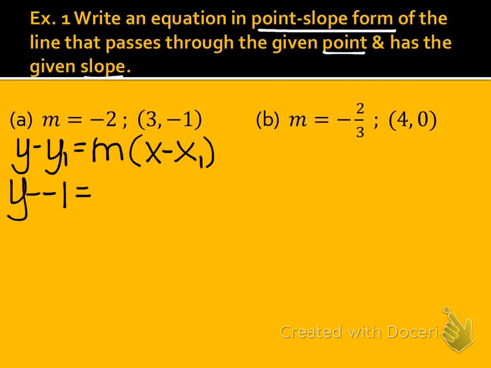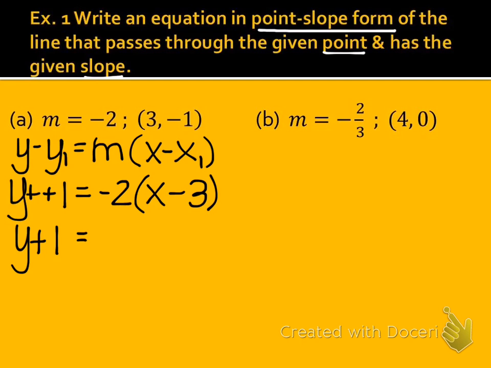What's our m? -2 times x minus, what is the x coordinate of our point? 3. So the only thing left to do is make sure there are no double negatives and nothing to simplify. What does the double negative turn into? A positive. So my final answer is y plus 1 equals -2 times x minus 3.